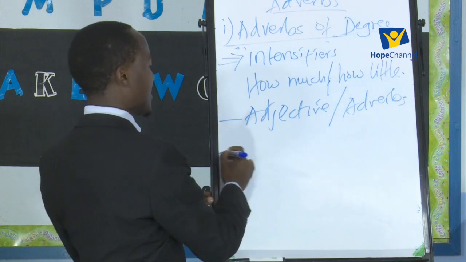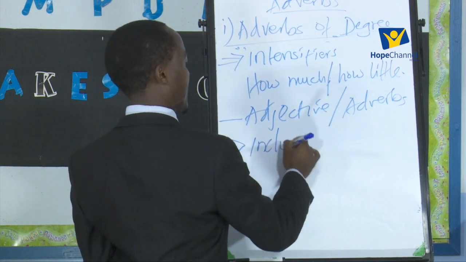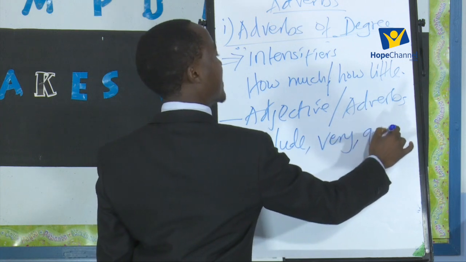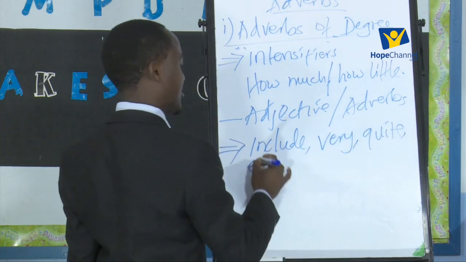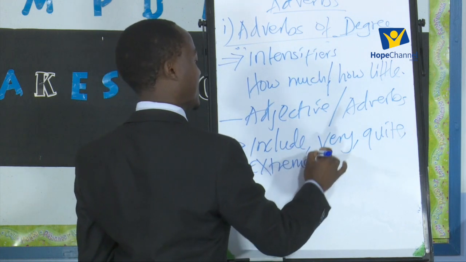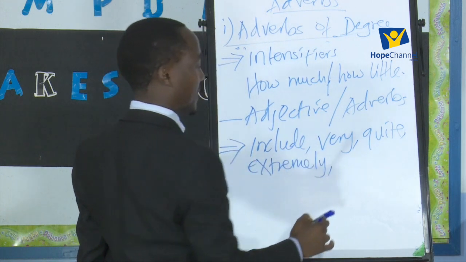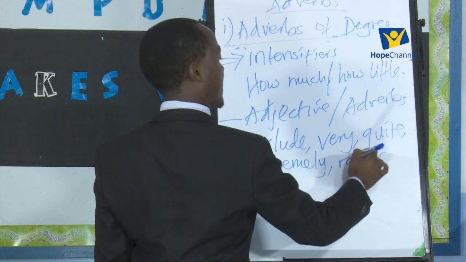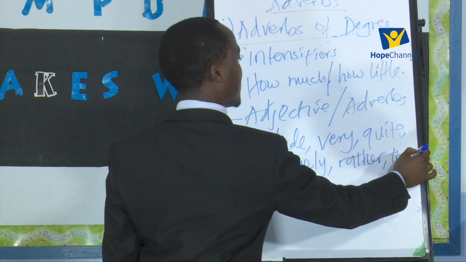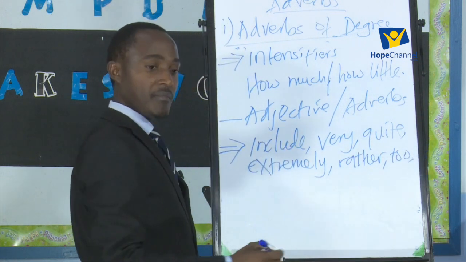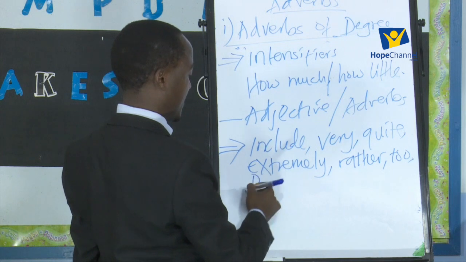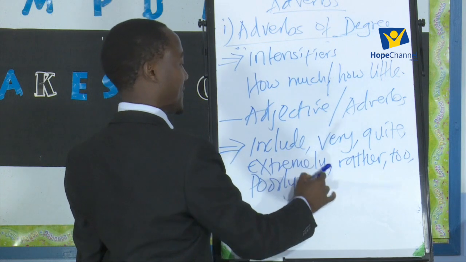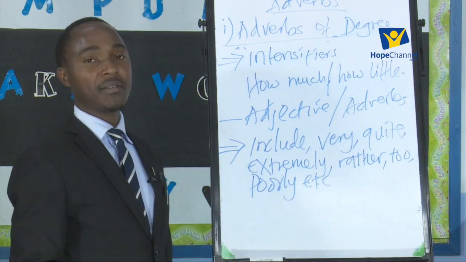And they include words such as very, quite, extremely, rather, too, poorly, etc. They can be very many.